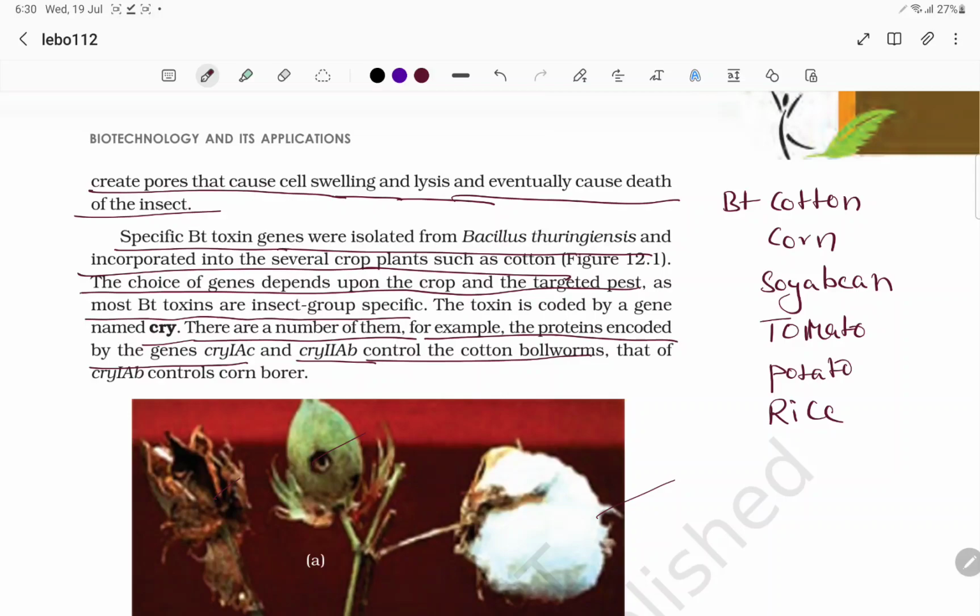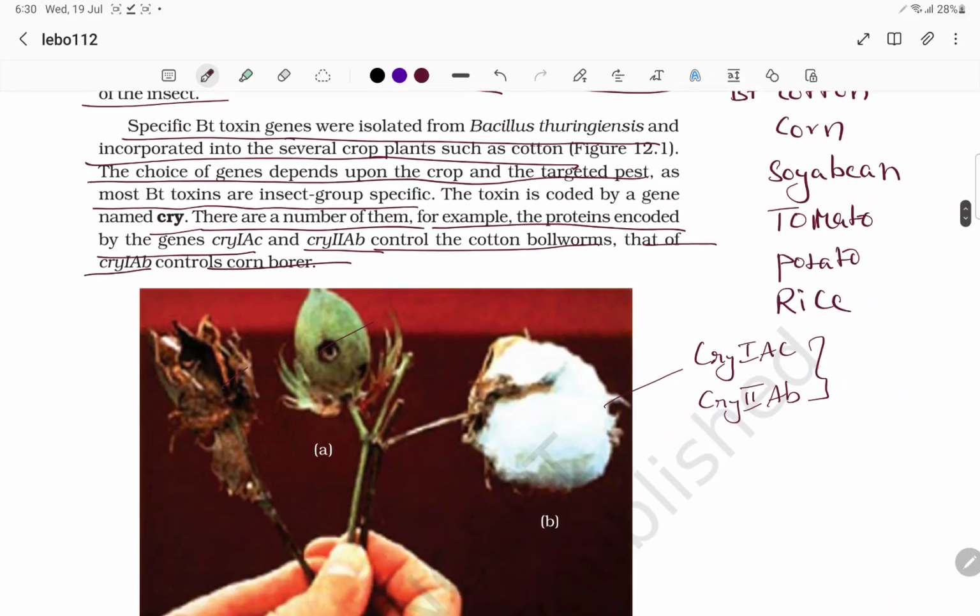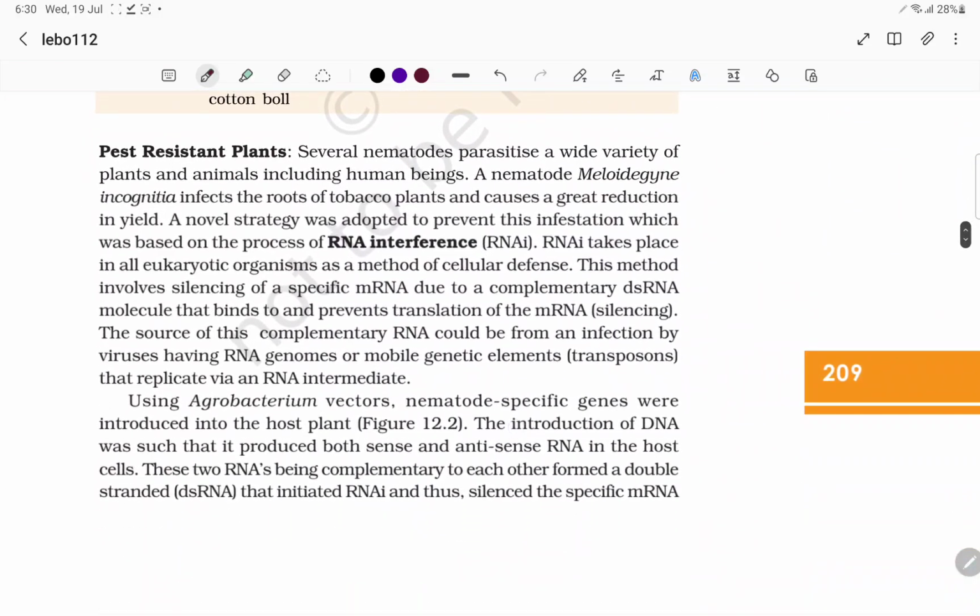Okay, so remember Cry1Ac, Cry2Ab. This will control cotton bollworms, and Cry1Ab controls corn borer. Okay, this we have to remember.